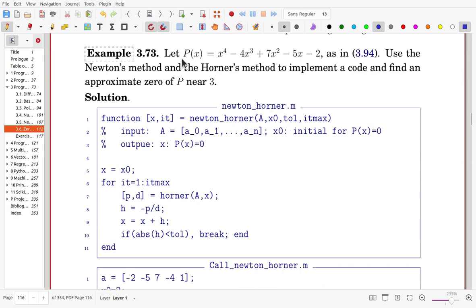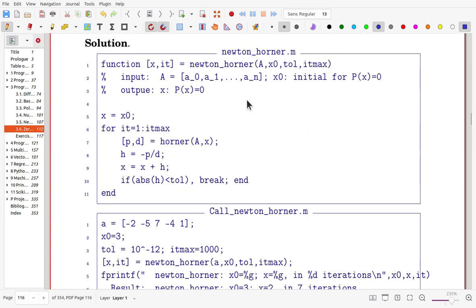Now for this polynomial, use Newton's method and Horner's method to implement code and find an approximate zero of p near 3. This is the Newton-Horner method.